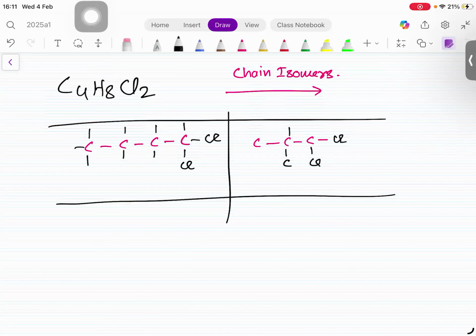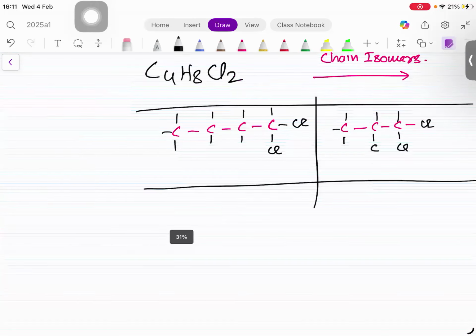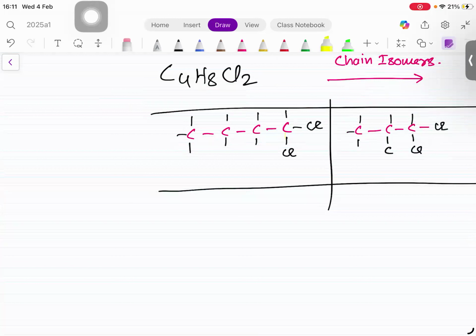Now I have to go through the position isomers one by one. Now this is again like a Rubik's cube. So I'm going to take this chlorine and move it to the left side 1 step every time. Okay. So it is 1, 2, 3, 4. And I'm also giving names, right?